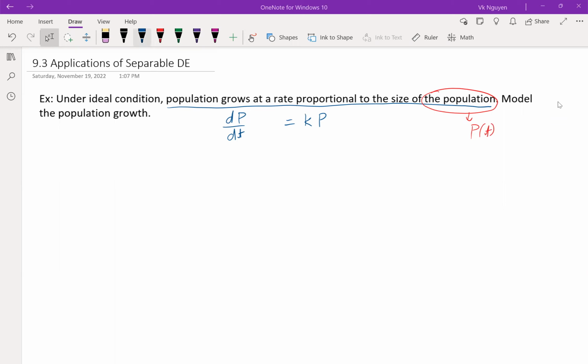We can solve this differential equation because it is a separable differential equation. dP over P is k dt.